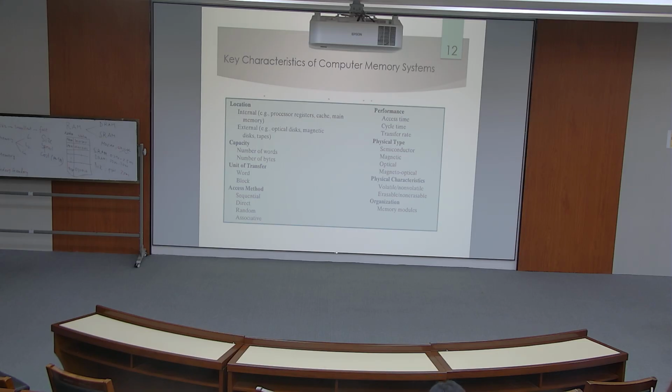When it comes to external memory, we have disks, magnetic disk or optical disk. We also have tapes. These are external memory. Now, when it comes to capacity, we can talk about a word, which is 16 bits, and the number of bytes. We talked about this.